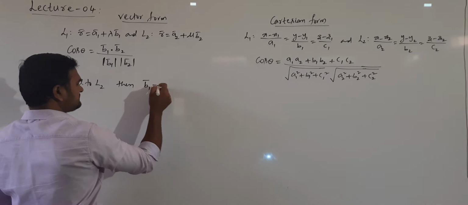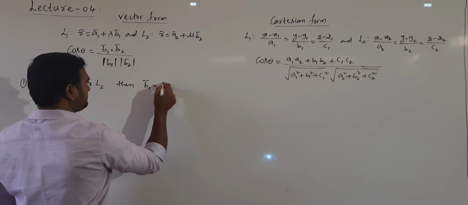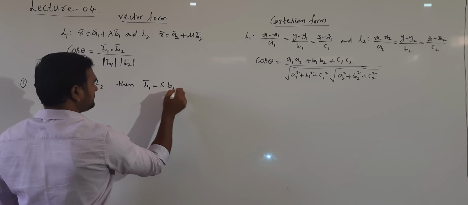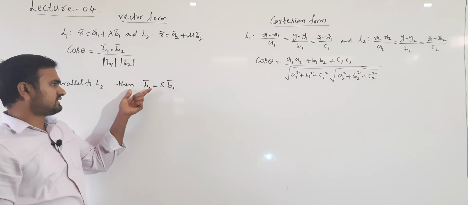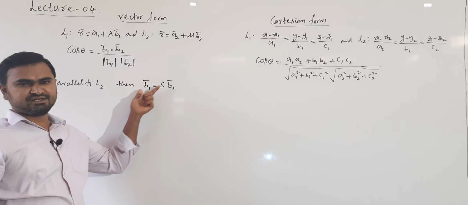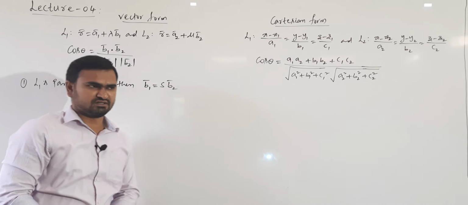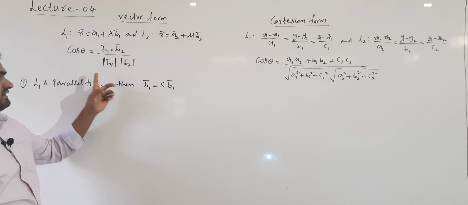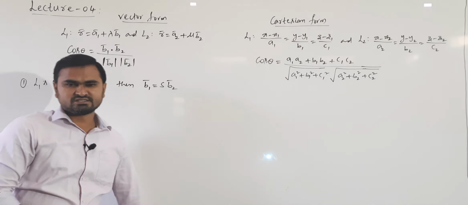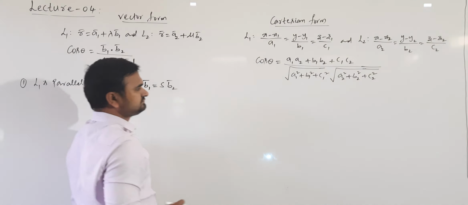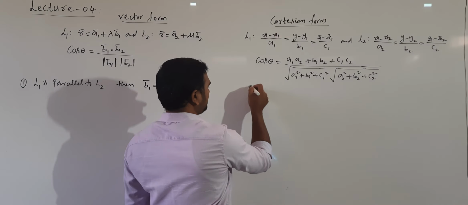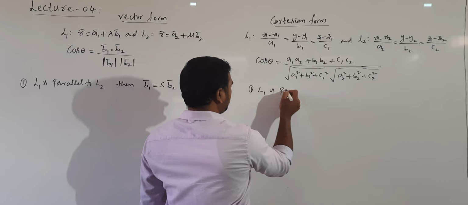Suppose B1 bar equals S into B2 bar, where S is a scalar. Two vectors are parallel means one vector we can write as a scalar multiple of the other vector. So two lines are parallel, then their parallel vectors are also parallel. So I am writing B1 bar equals S into B2 bar, and here L1 is parallel to L2.